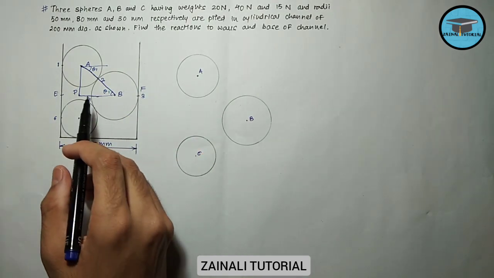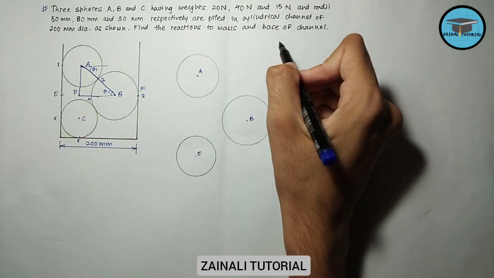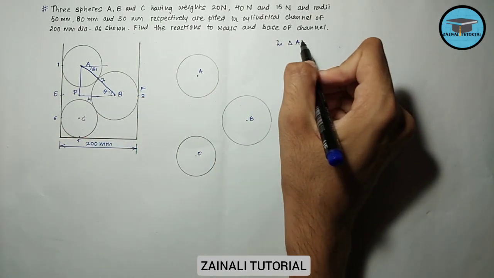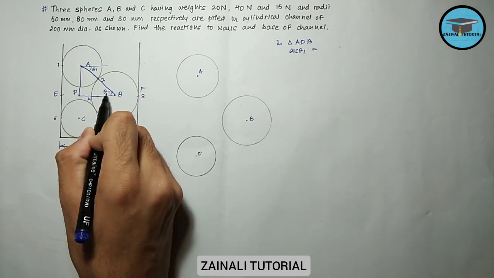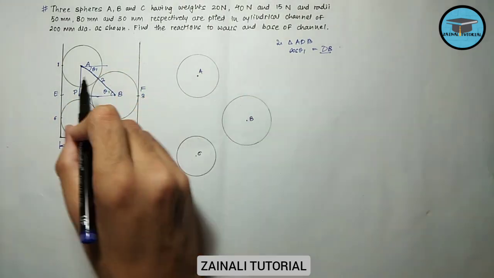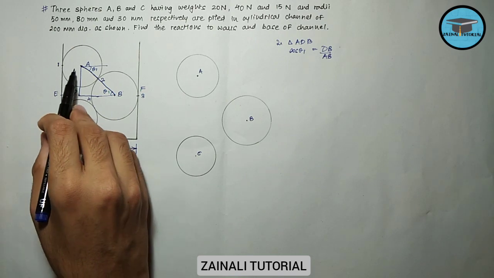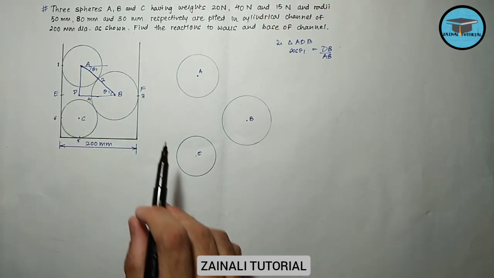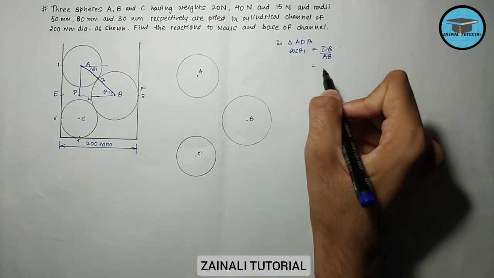Now from this figure we can determine, in triangle ADB, cos of theta 1 is nothing but adjacent, that is DB, divided by hypotenuse, that is AB. And AB, we know that radius of A, RA, is given as 50 and RB is given as 80. So AB is nothing but 130.